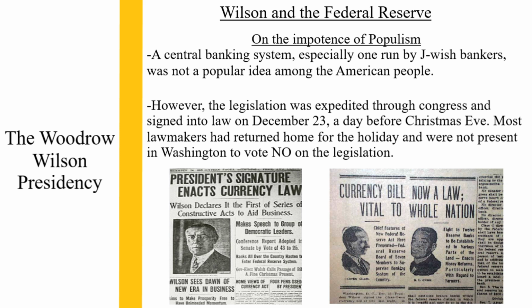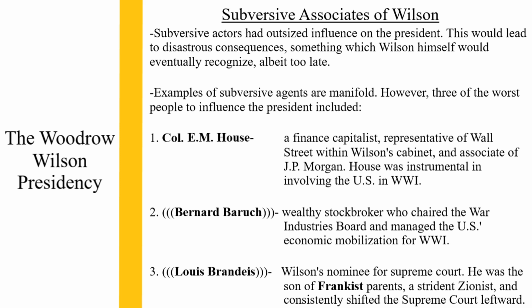So if we move on to the next slide. Subversive Associates of Wilson. Subversive actors had outsized influence on the president. This would lead to disastrous consequences, something which Wilson himself would eventually recognize, albeit too late. Examples of subversive agents in the Wilson administration are manifold. However, 3 of the worst people to influence the president included Colonel Edward Mandell House, who was a finance capitalist, representative of Wall Street within Wilson's cabinet, and associate of J.P. Morgan.